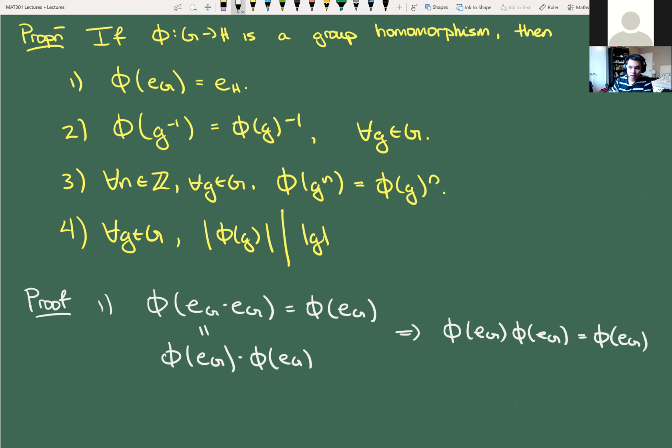So if we multiply by the inverse of phi of the identity, we know that in groups, multiplication is left cancellative. It's actually right cancellative as well. This implies that the image of the identity is the identity.